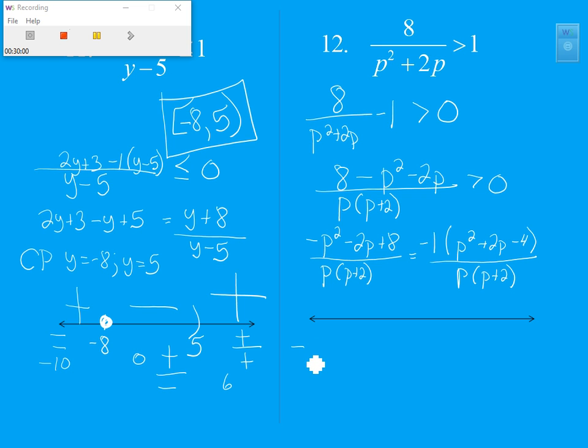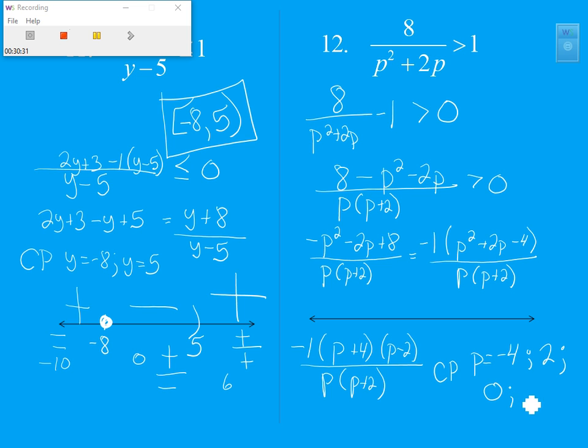I'm going to factor the numerator into p plus 4 and p minus 2 over p times p plus 2. Now, this one's going to work us a little bit. My critical numbers are going to be p equal negative 4, p equal positive 2, p equals 0, and p equal negative 2. So I got 4 numbers to worry about in this case.